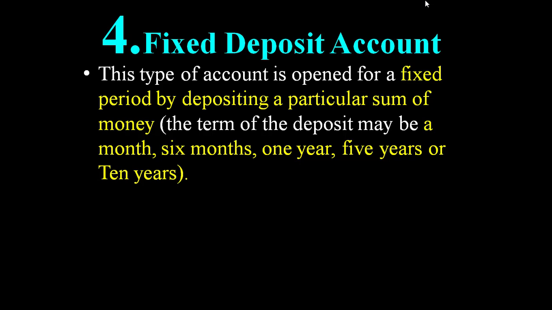Term is nothing but time. For a particular time, they are going to fix their amount, maybe a month or 6 months, in case 1 year, 5 years or 10 years.